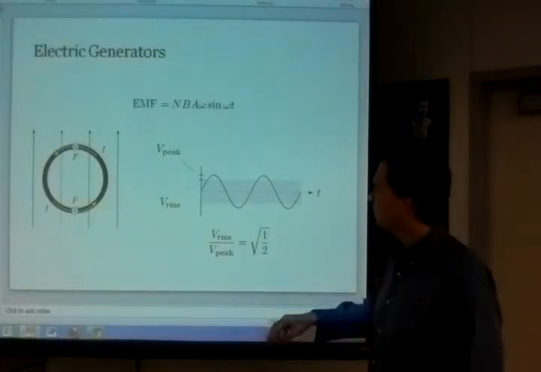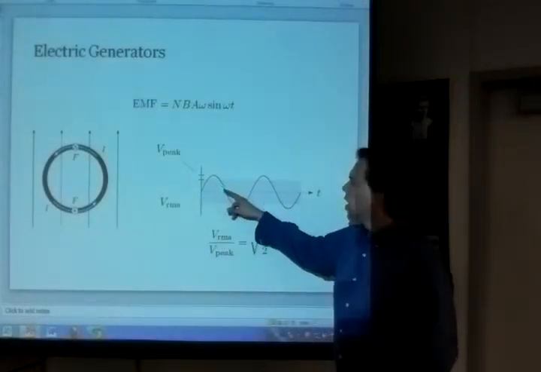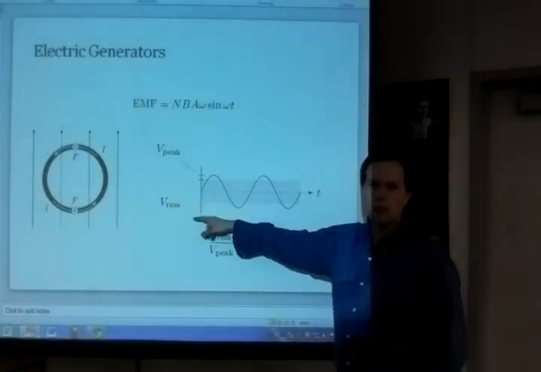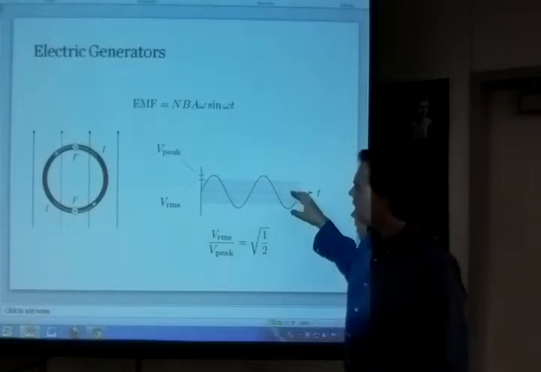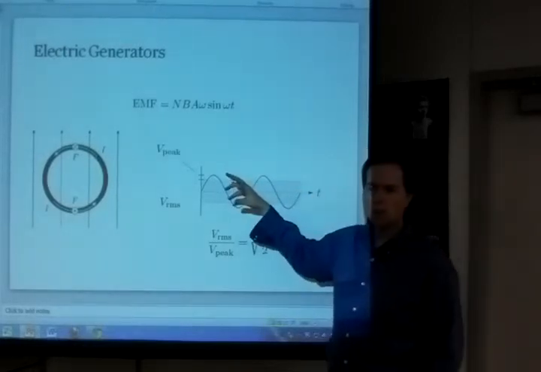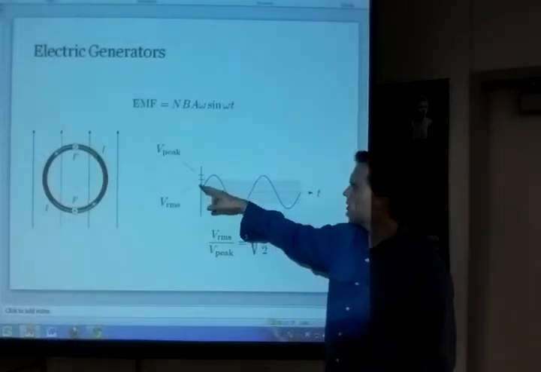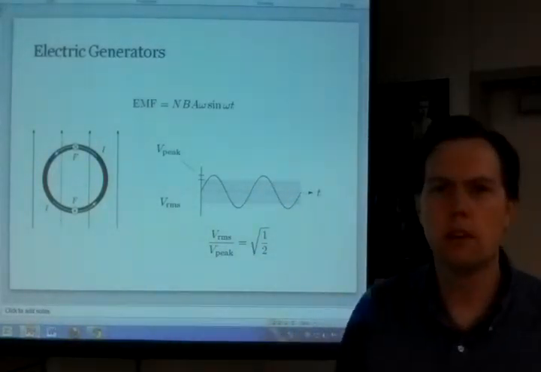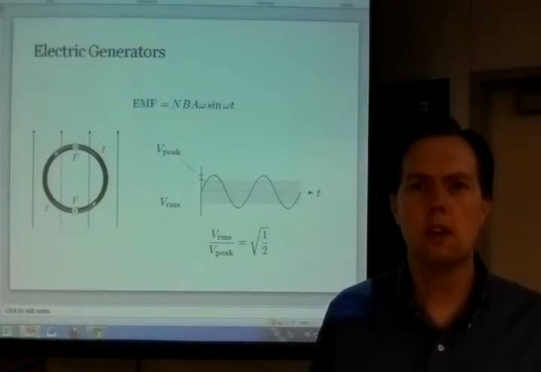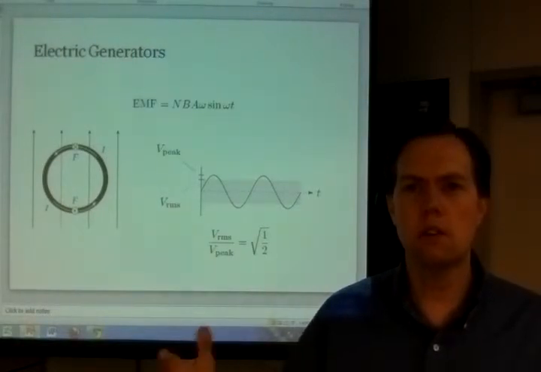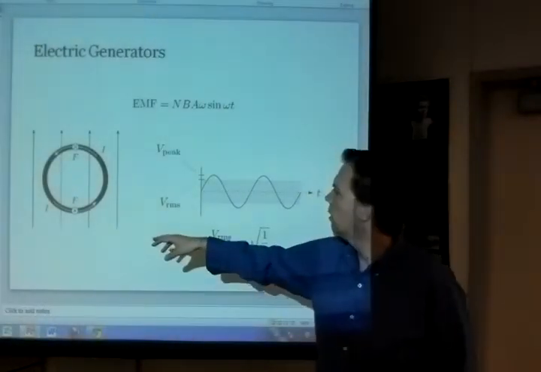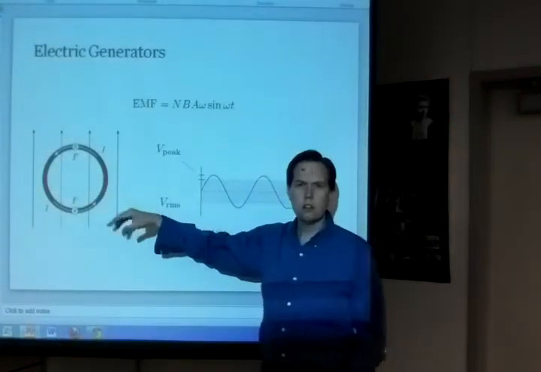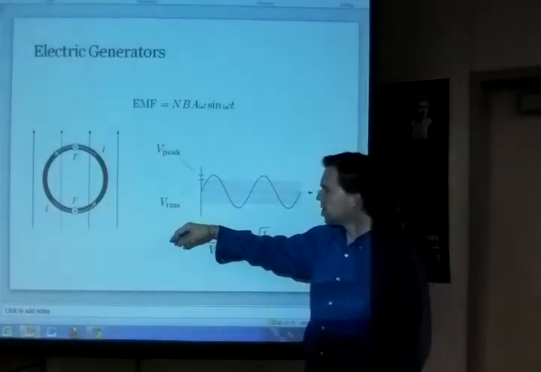But one thing I want to introduce right here is that if we have an alternating voltage here, there are two voltages that are of interest. There's the peak voltage, which is the maximum. It's the amplitude of that wave. That peak voltage is characteristic of the magnetic field, the cross-sectional area, all those things, right, through Faraday's law.